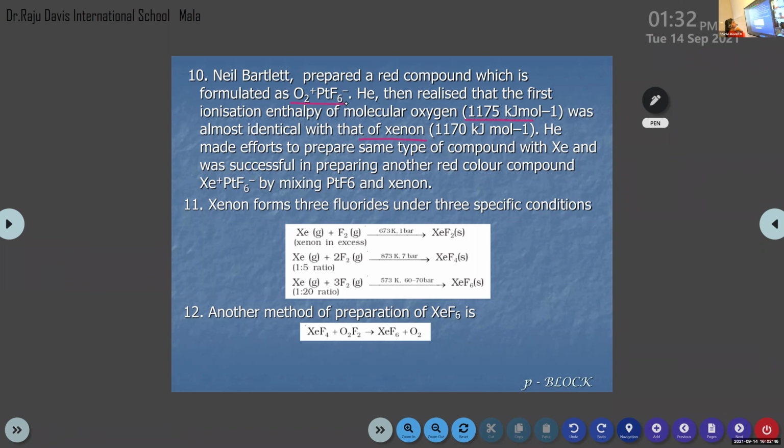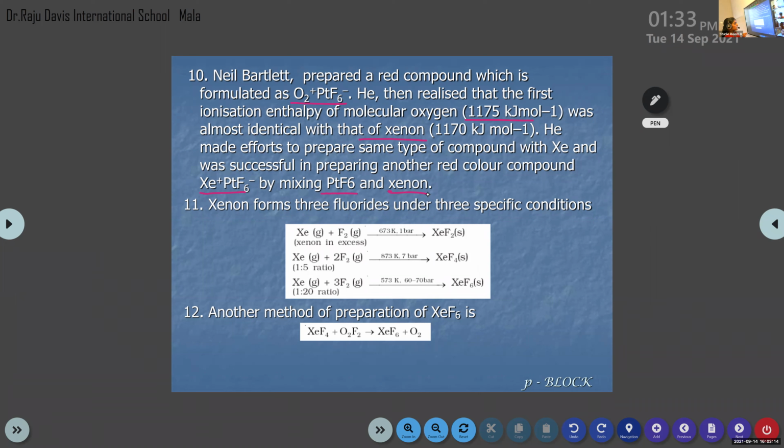He made efforts to prepare the same type of compound with xenon and was successful in preparing another red colored compound, Xe+ PtF6-. So instead of oxygen, here it is xenon, by mixing PtF6 and xenon. Clear, children? First, he prepared a red compound and the main elements present are oxygen, platinum and fluorine.